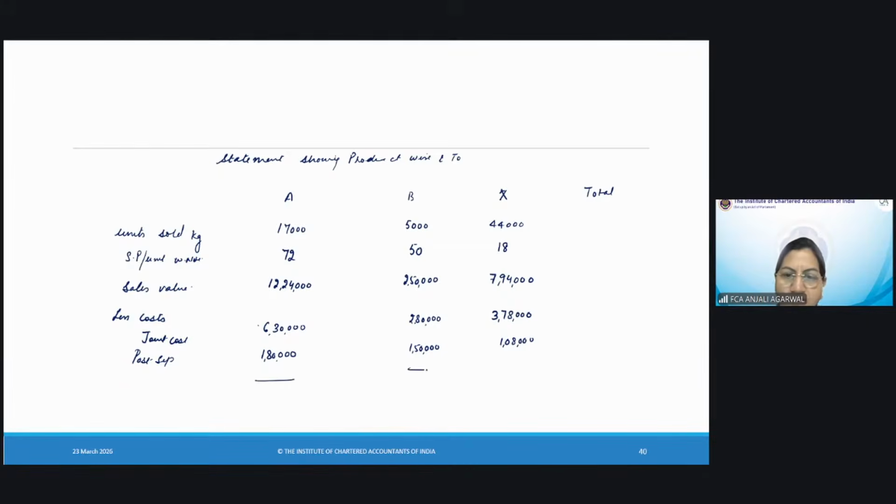So when you subtract the cost, you will get profits. Always complete the total here also. Sales value total is 12,24,000 plus 2,50,000 plus 7,94,000. So the total sales is 22,68,000. Joint cost was 12,88,000, and post separation costs are 4,38,000.